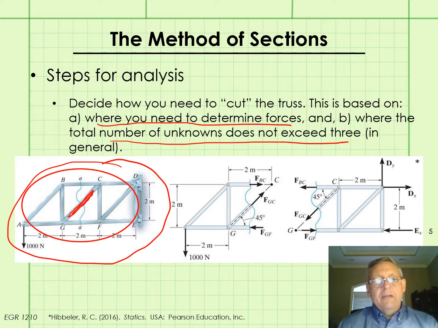In other words, we can't leave anything from the first part connected to anything on the second part of the truss. So if we make a cut through BC, GC, and GF, I've satisfied all those conditions. I've cut through GC, which is what I'm interested in. I've only cut through 3 total members, so I'm only going to have 3 unknowns.